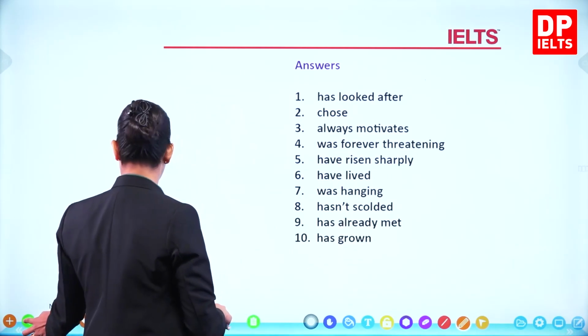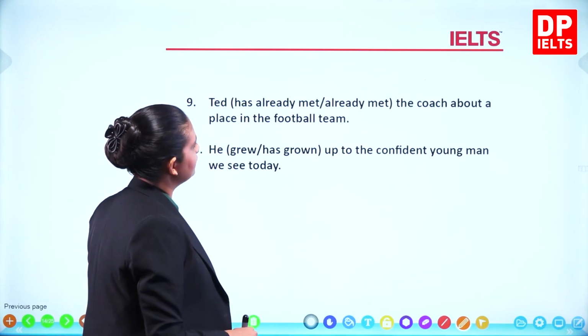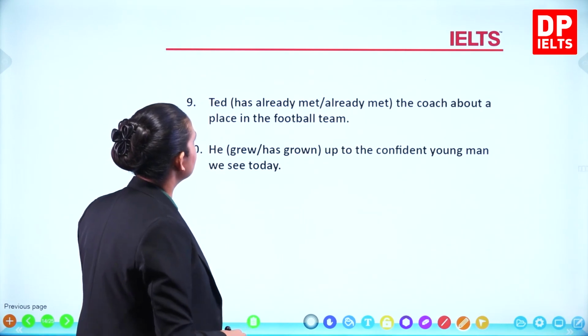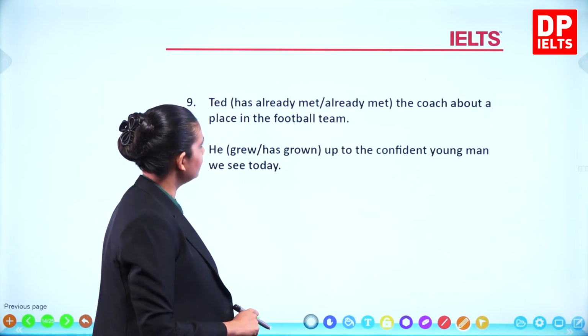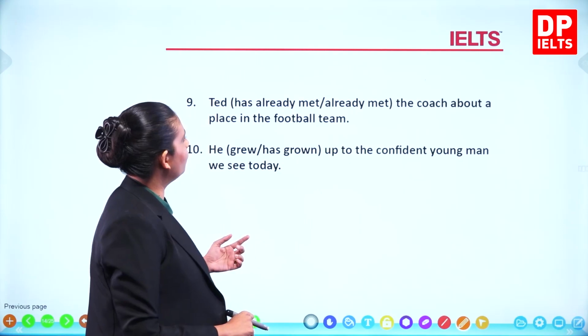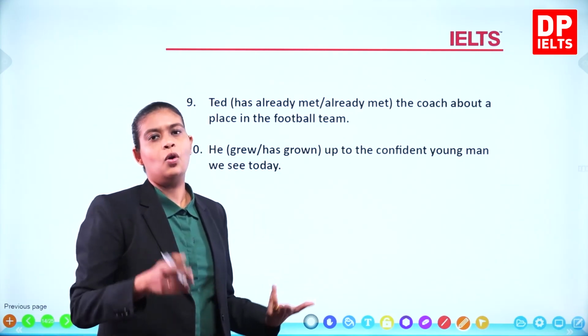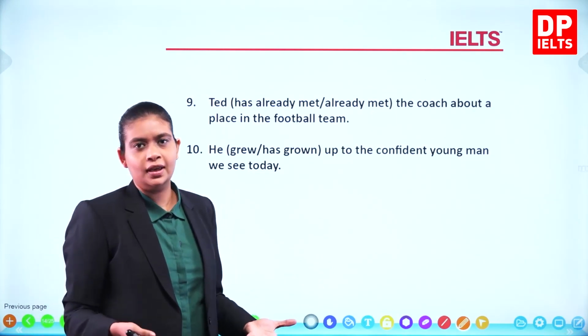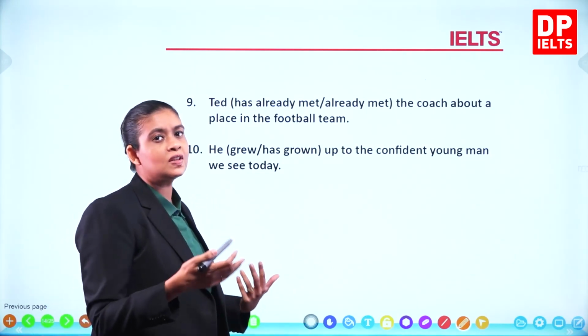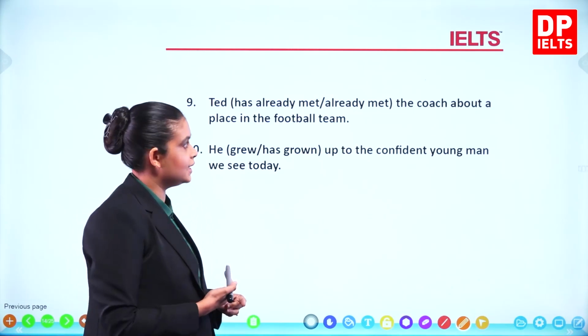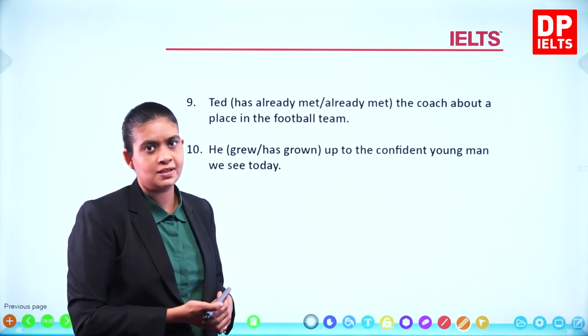Question number 9. Ted, the coach, about a place in the football team, right? So when you use already, can you just use it? No. Already, just, yet, those kind of words, you just can't use it with any tense, especially in the past tense.